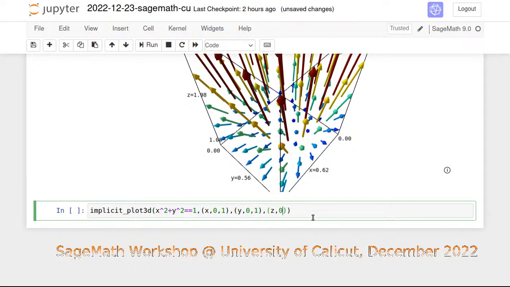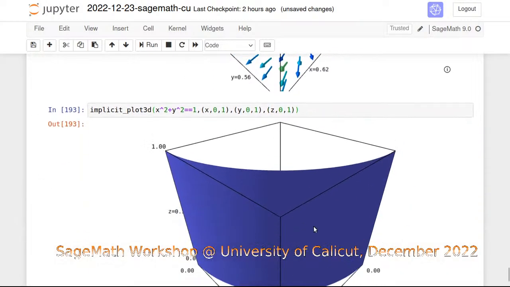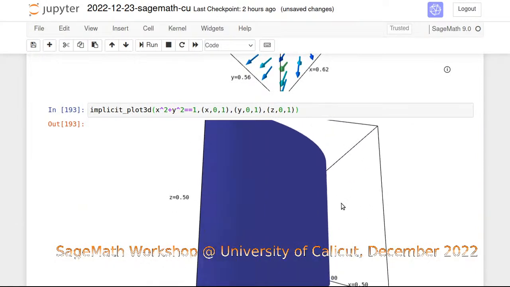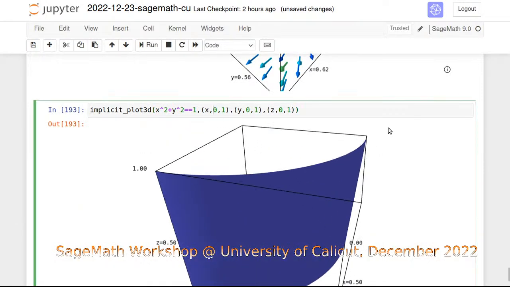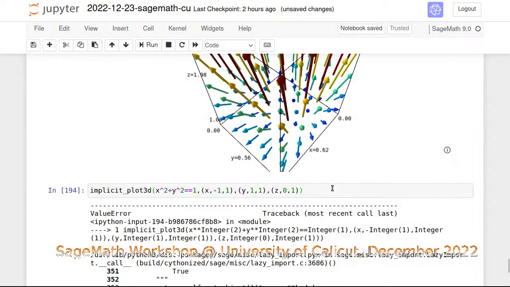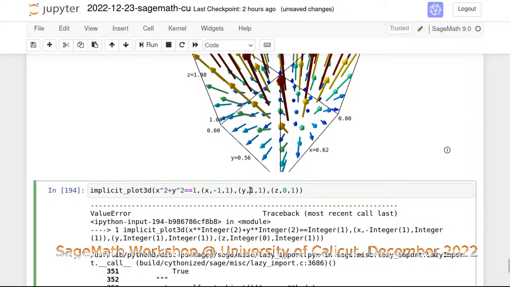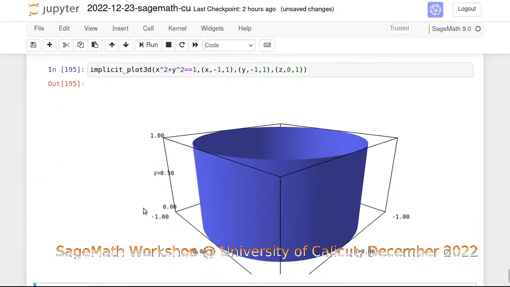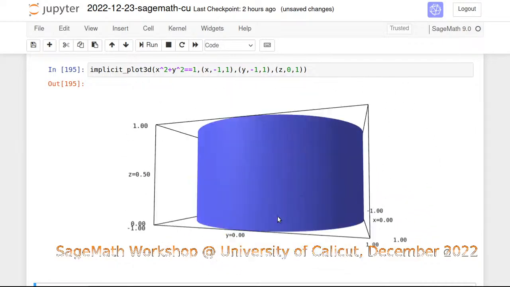Z in range 0, 1. Or if you take minus 1 to 1, you will get a cylinder like this.